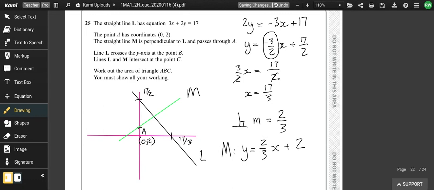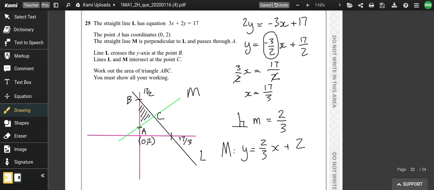Okay, line L crosses the y-axis at point B, that's there, and L and M intersect at the point C, so that's there. Work out the area of triangle ABC. So they want the area of that triangle there.